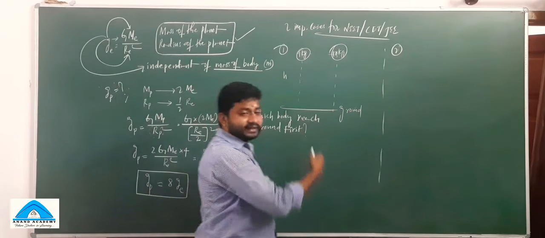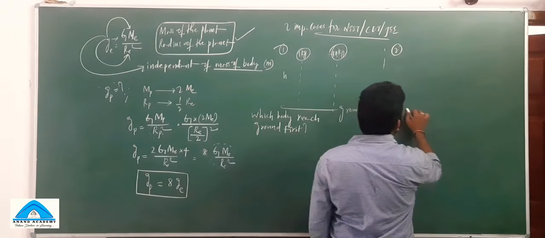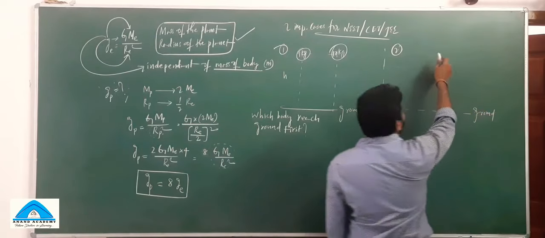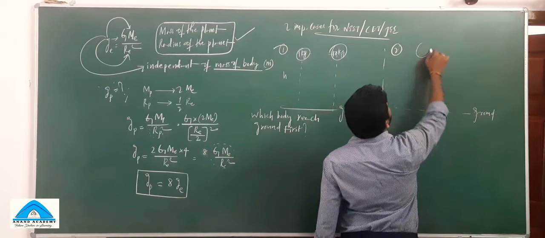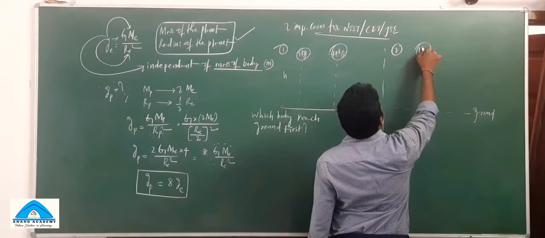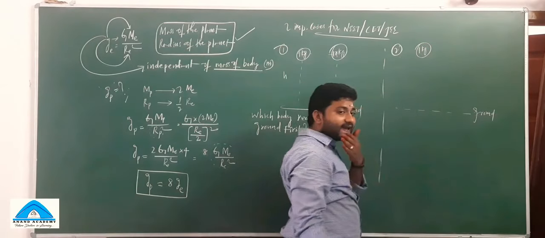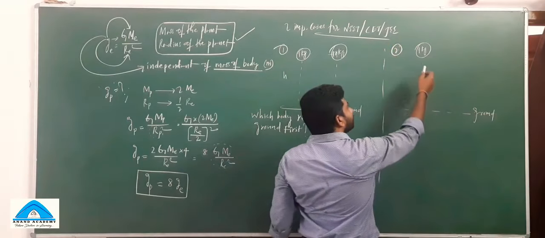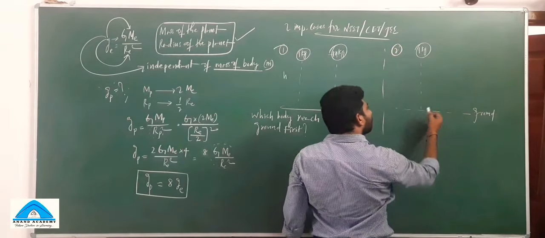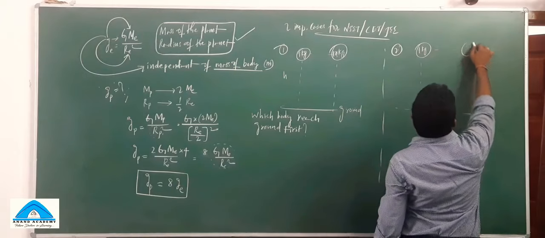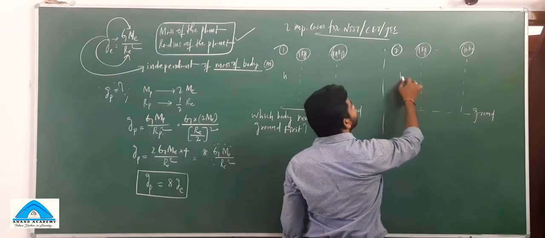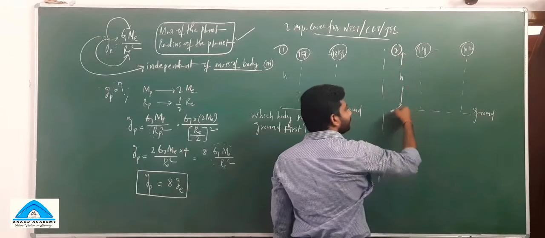Now, the second case is also the same. This is the ground, and there is a mass, the same mass, 1 kg, which is dropped, and from the same height a 10 kg mass is also dropped. Height h is the same in both the cases.